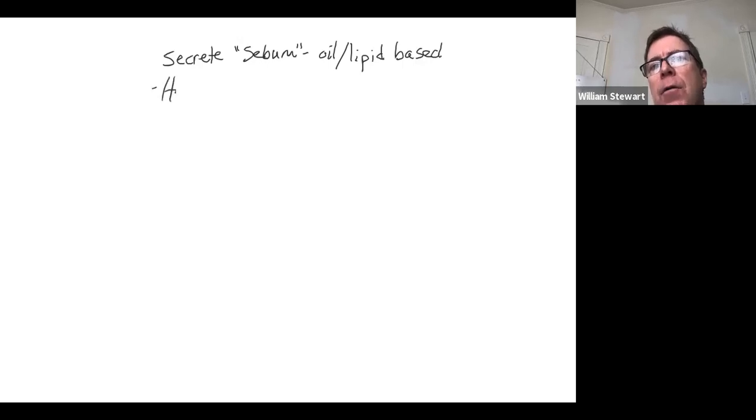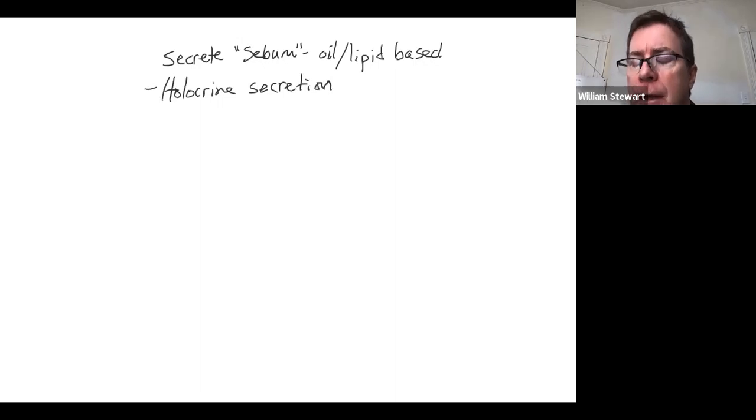So I'm writing a holocrine secretion, just to remind you what that is. Those cells, the secretory cells, actually rupture during the secretory process. So they're destroyed. Those secretory cells, that's what makes them holocrine glands. And they have to be rejuvenated. New ones have to be created, synthesized, in order to keep the secretion going.